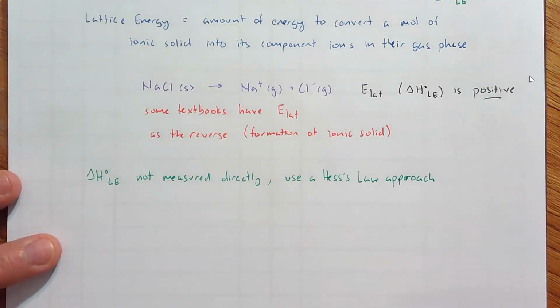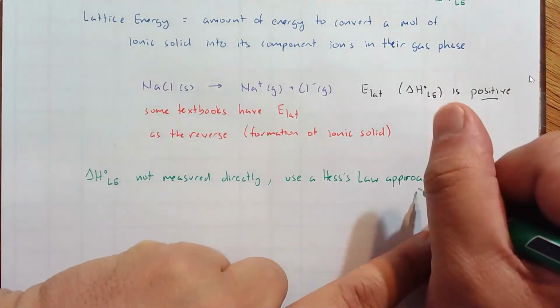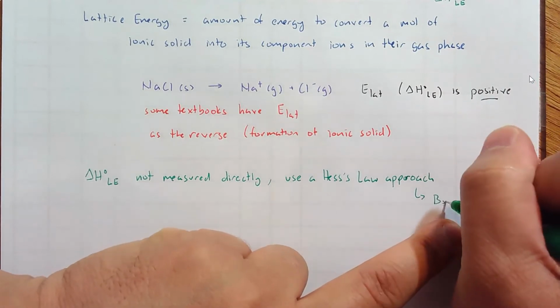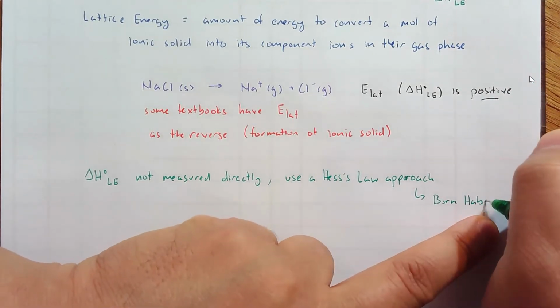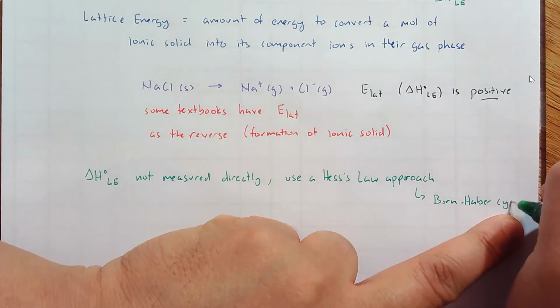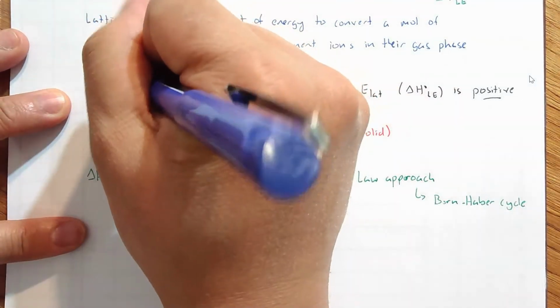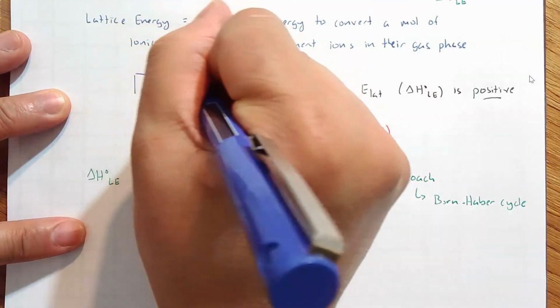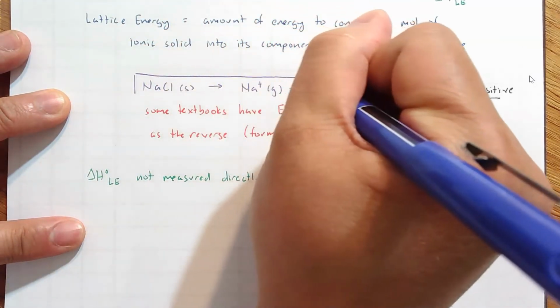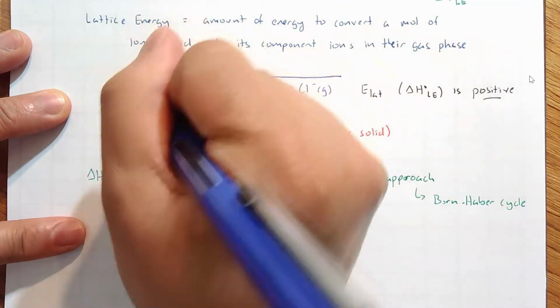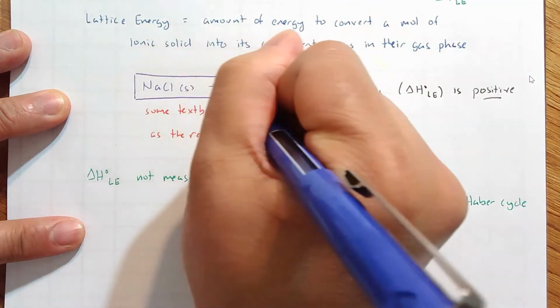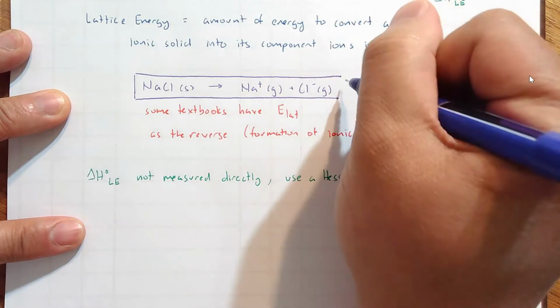And that approach is called the Born-Haber cycle. So ultimately, this is the target, if, for instance, sodium chloride is the salt, the ionic solid we are trying to figure out the lattice energy for.